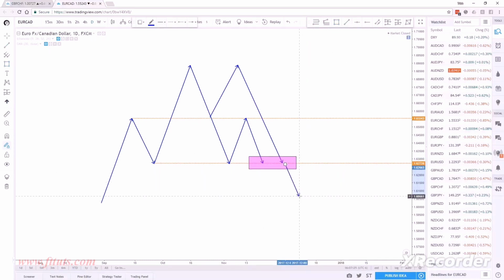And once it comes through this level, breaking this most recent higher low, obviously it's the reverse for a downtrend.